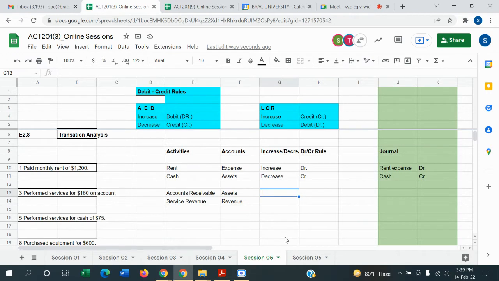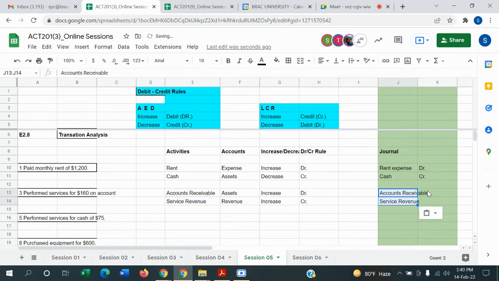Both are increasing. If an asset increases, it should be debited, and if revenue increases, it should be credited. Exactly. We'll mention the amounts in the next problem when we solve it. Here we're just trying to become familiar with the generalization process.